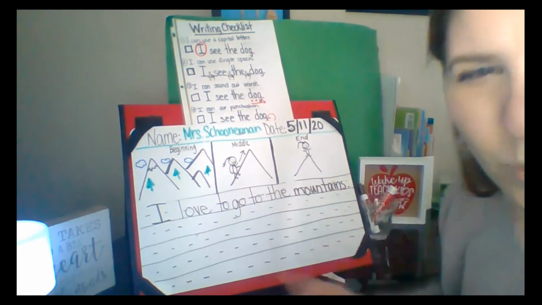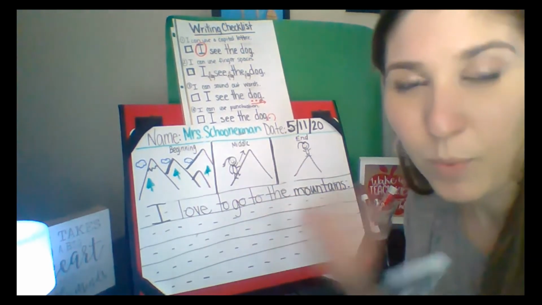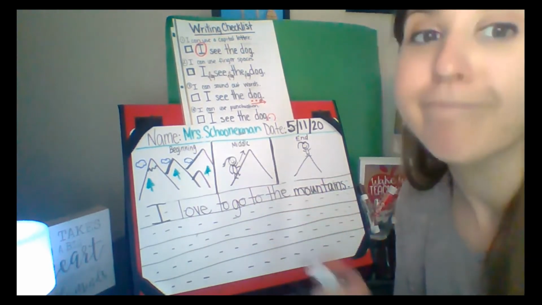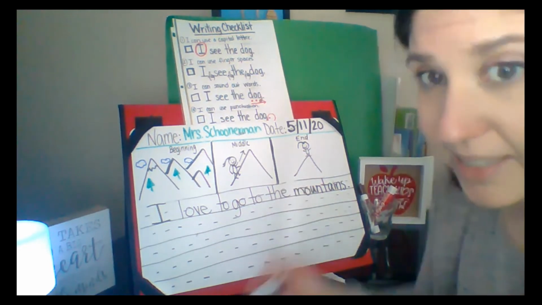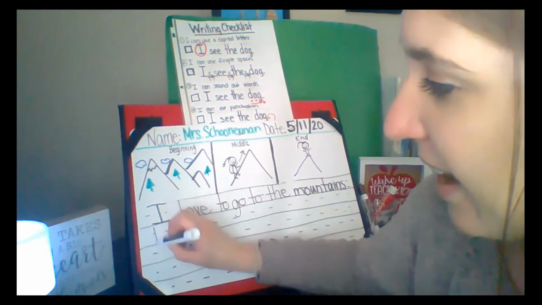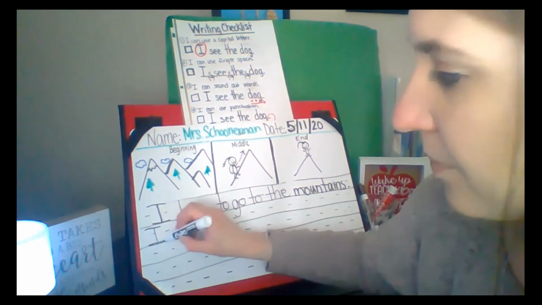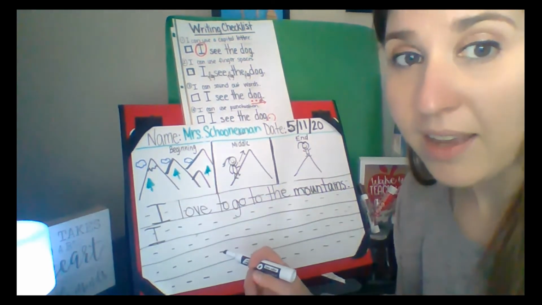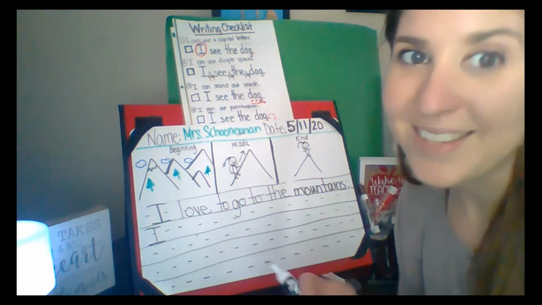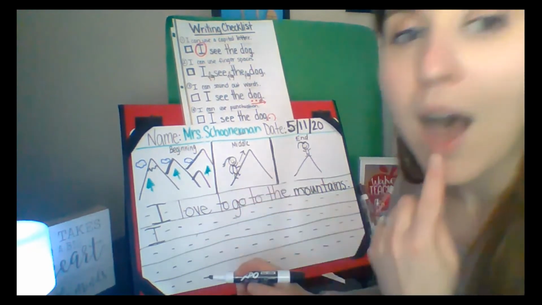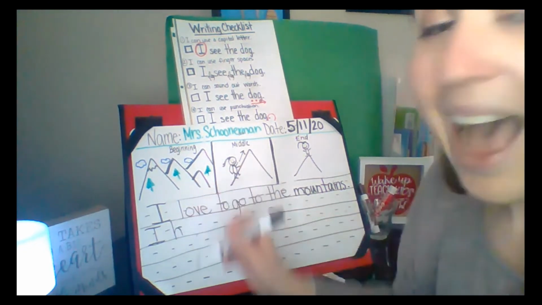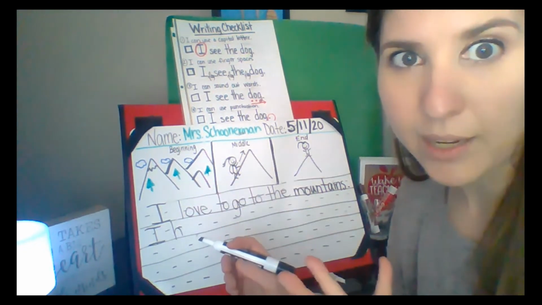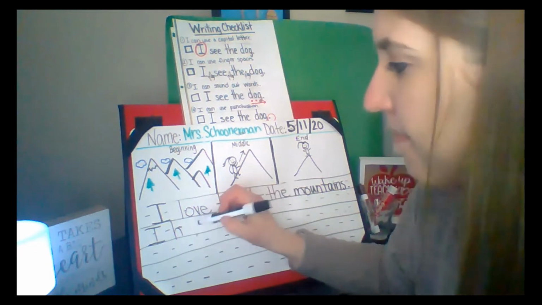Now, there's the mountains, and that sentence matches my picture. Next, what do I do when I go to the mountains? Why is that my favorite place in the world? Because I hike up to the top. That will be my next sentence. I hike. Ooh, this is a fun word. Okay. I hear an H. I hear it says its name.